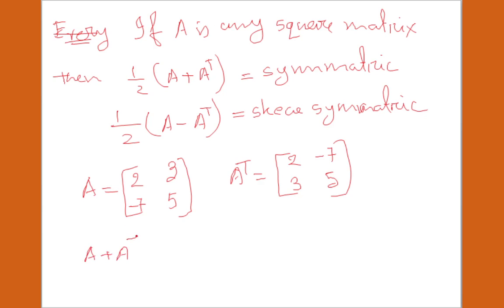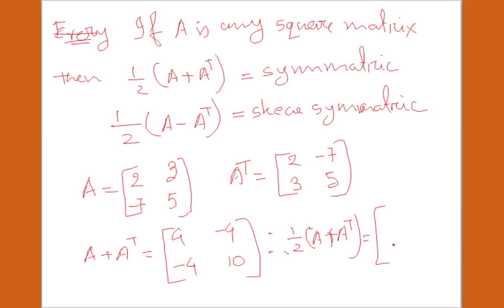First A plus A transpose: 4, minus 4, minus 4, 10. Therefore half of A plus A transpose, half means every element is divided by 2: 2, minus 2, minus 2, 5.